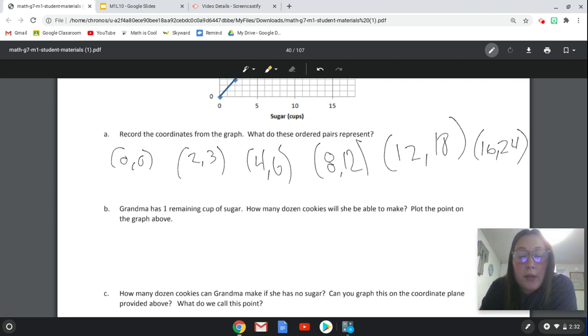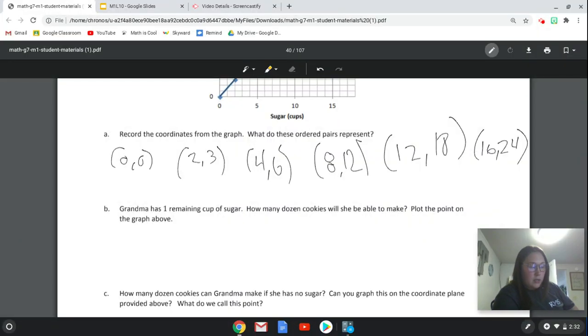Okay, so there's a lot of points on that graph, but now I'm just going to talk about what those mean. I'm not going to write them down, but when we're looking at it, we know cups of sugar is X and Y is dozen of cookies. So 0, 0 would mean 0 cups of sugar would make 0 dozen cookies.